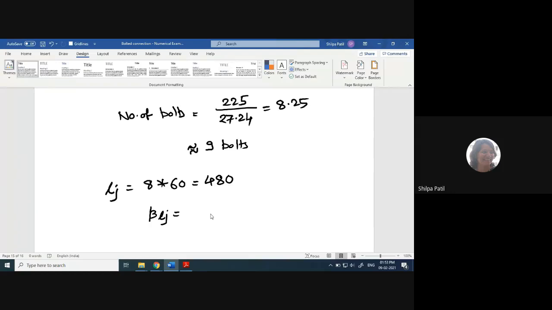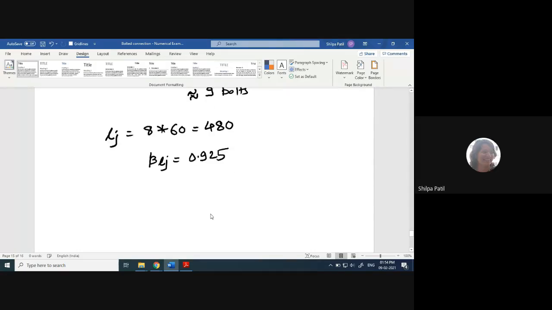Just put the values and tell me the beta LJ value. 0.925.